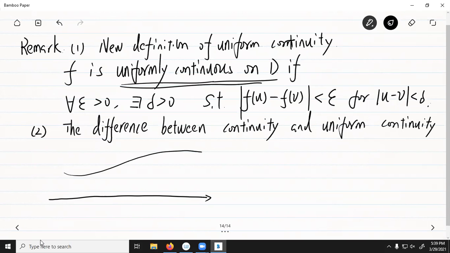We have a very flat, smooth curve. This is y equals f, which we denote f1, uniformly continuous on the domain D, the interval from a to b. What does this mean?